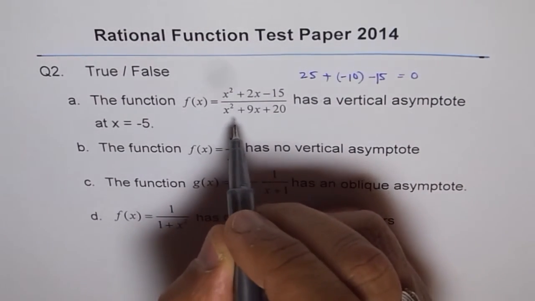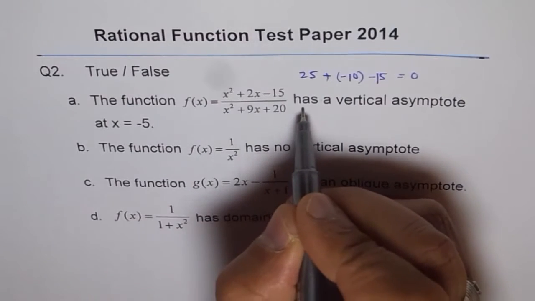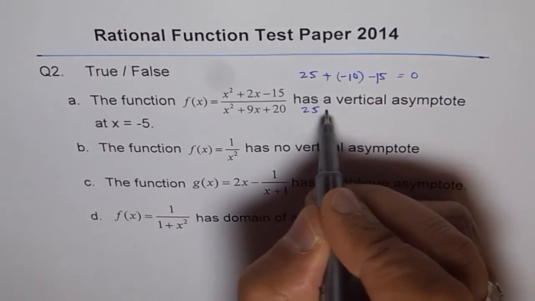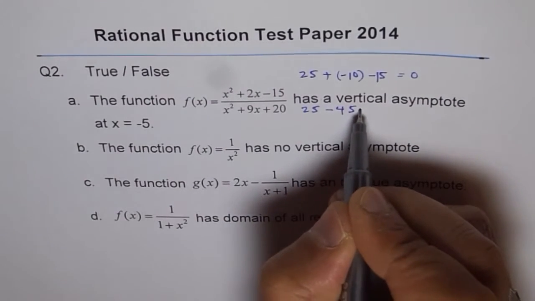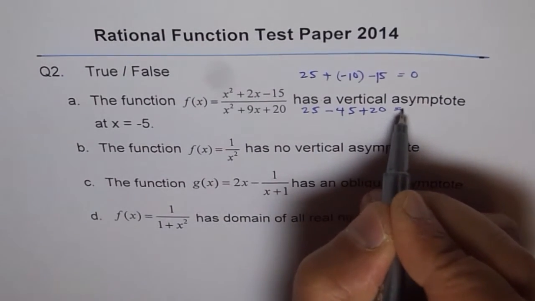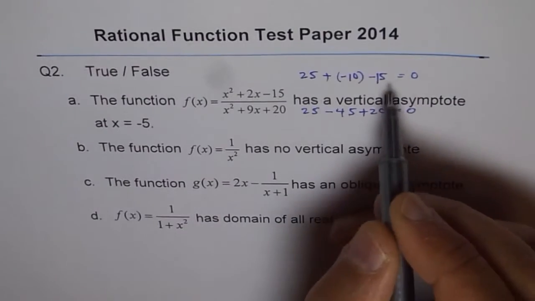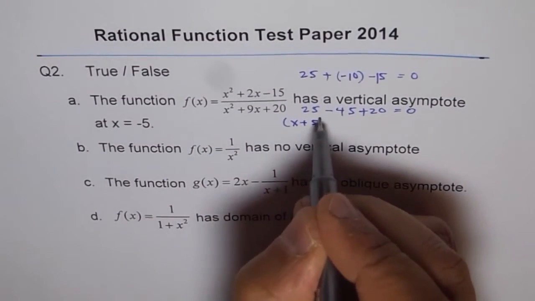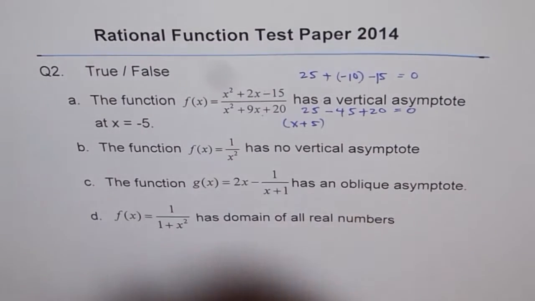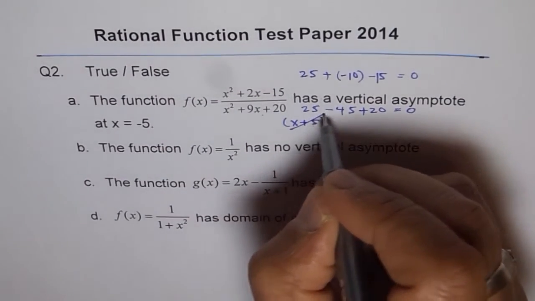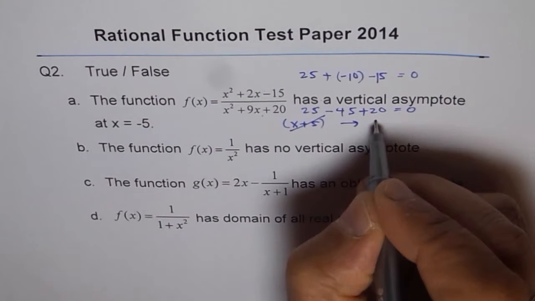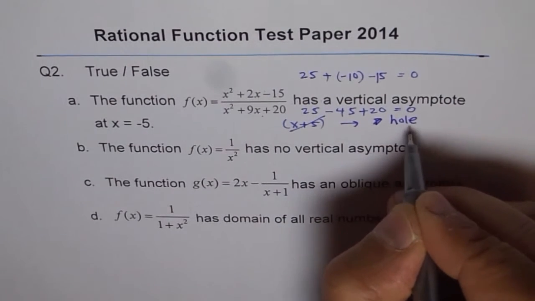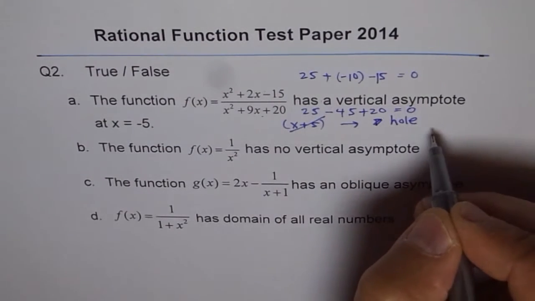In the denominator, I get minus 5 squared is 25, and minus 5 times 9 is minus 45, and then plus 20. That is also 0. That means that x plus 5 is a factor in both numerator and denominator, and so that should cancel out, leading to a hole, not a vertical asymptote. Do you understand?